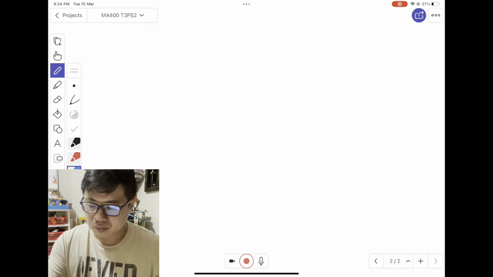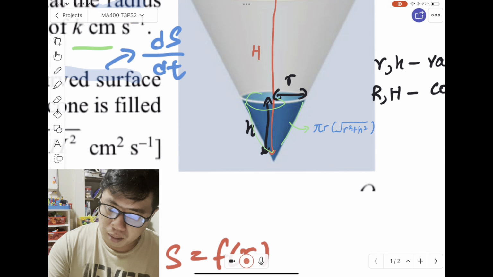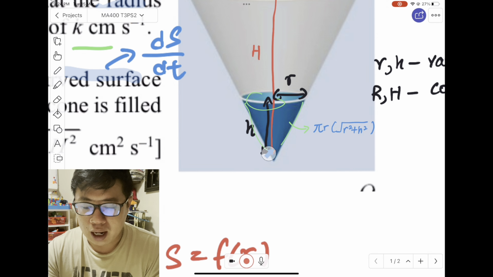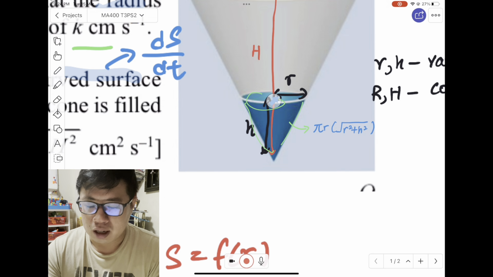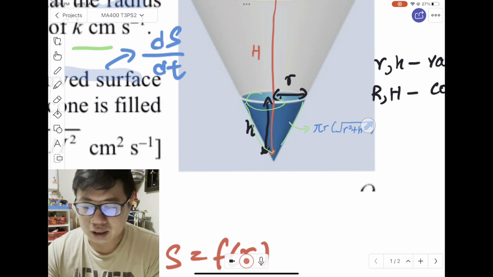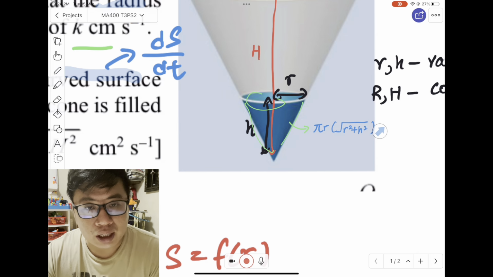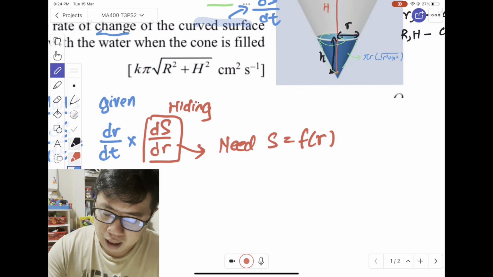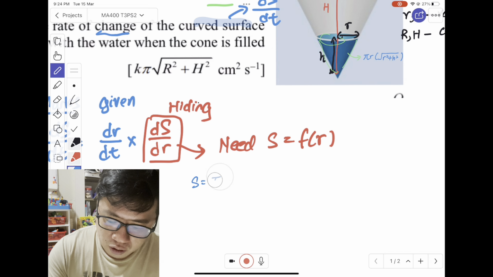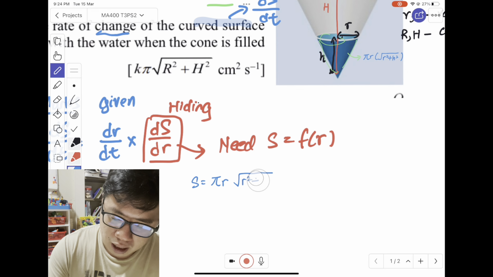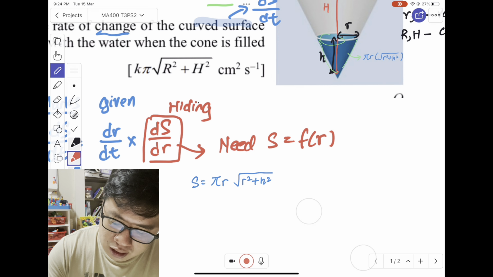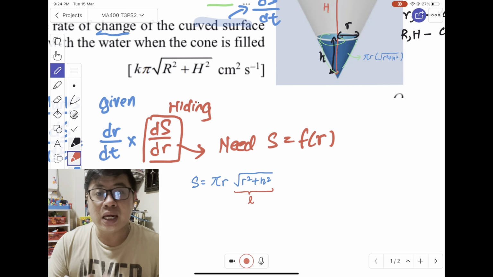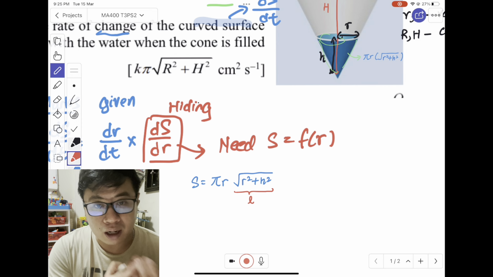And this is your curved surface area. So S is equal to pi R square root of R square plus H square. Take note, this is our L, which I have re-expressed using Pythagoras theorem.